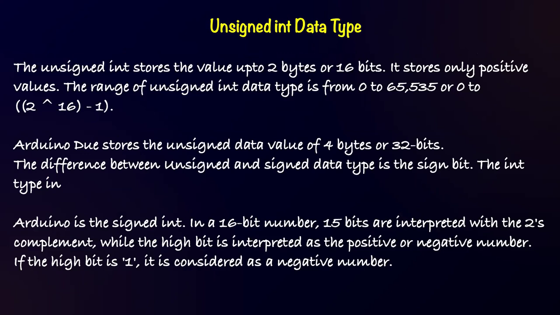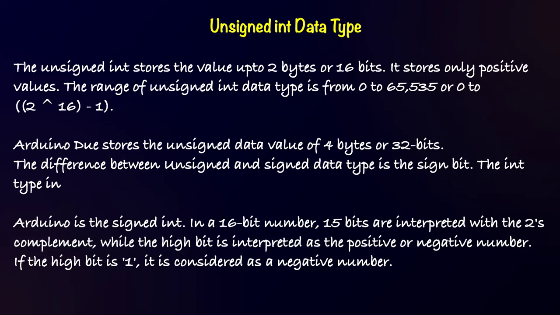Now comes something you might not have heard about, called the unsigned int data type. What is this? The unsigned int stores values up to 2 bytes or 16 bits. It stores only positive values.